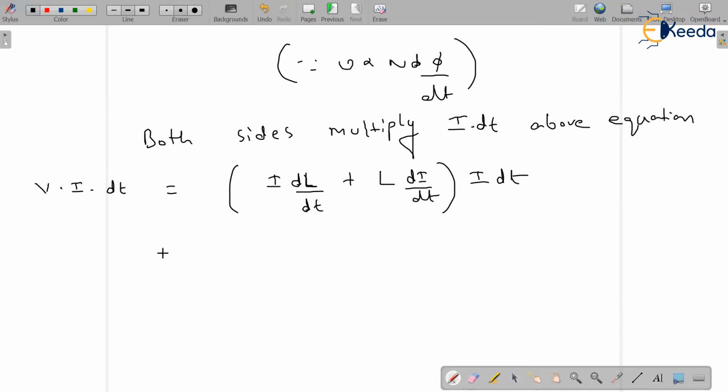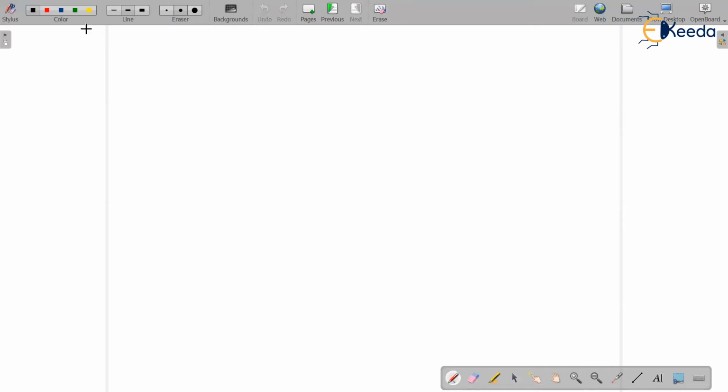So simplifying the above equation, Li di plus I square dL is equal to dW. Equation number 1. What is dW?